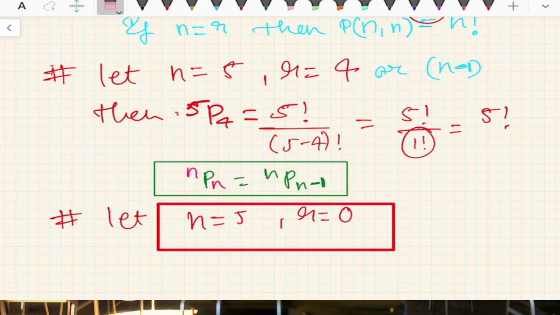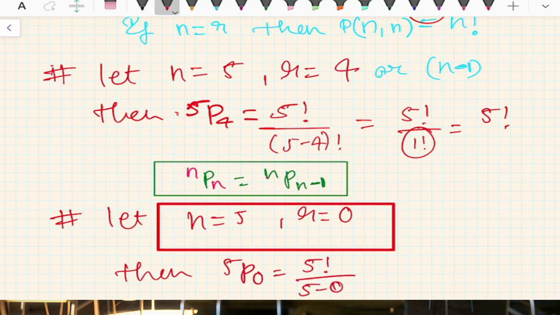I just brought them and kept them. I don't want to arrange them. So how many arrangements happened? None. There was 0 arrangement, and in such a case the answer will be 5P0, which is 5 factorial divided by (5 minus 0) factorial, which is 5 factorial upon 5 factorial, and it is equal to 1.